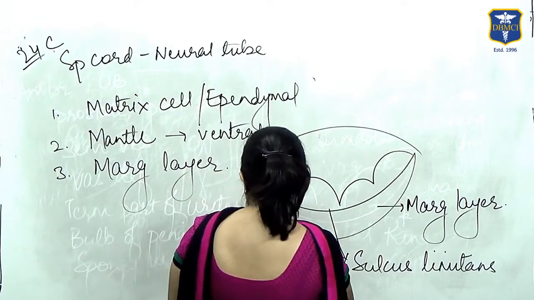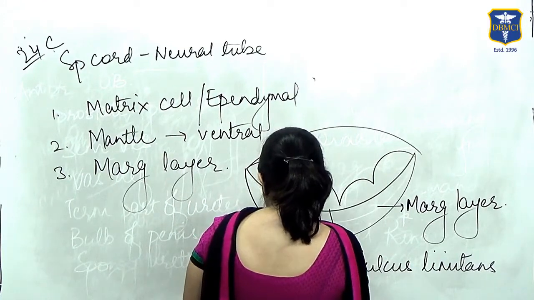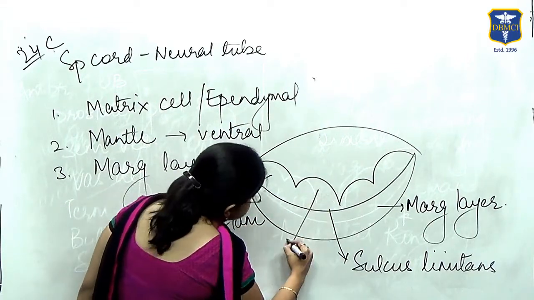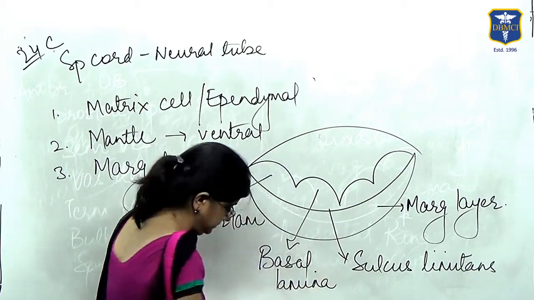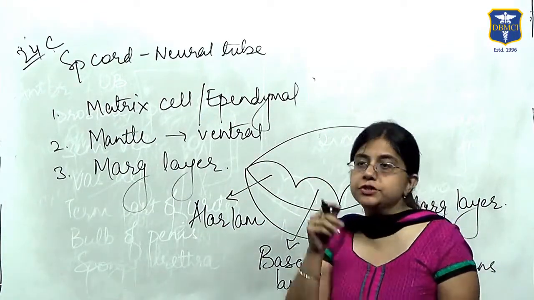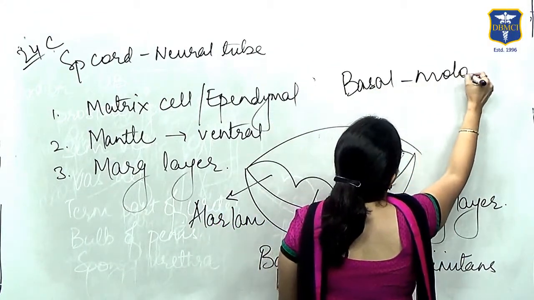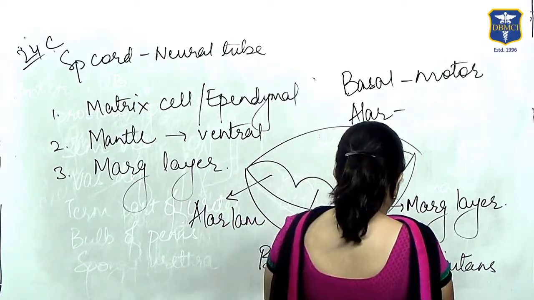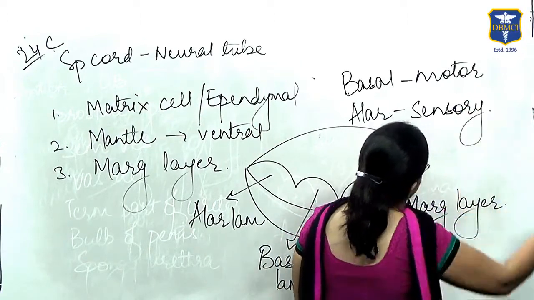So the lateral wall of the developing spinal cord forms the alar lamina, whereas the medial part forms the basal lamina. The basal lamina will develop into structures which are motor in function, whereas the alar lamina will give rise to the cranial nerve nuclei which are sensory in function.